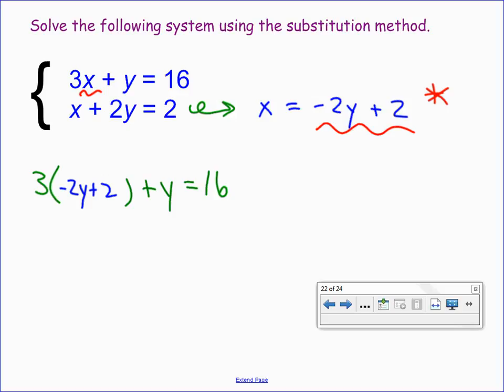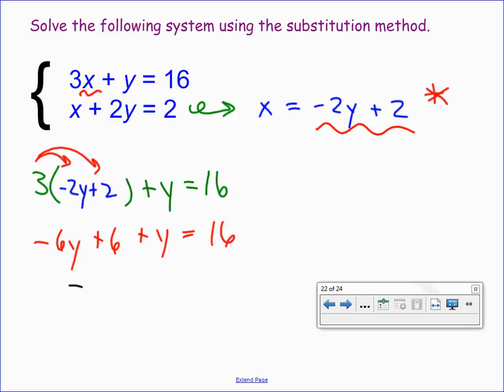Let's distribute. I get 3 times negative 2 equals negative 6y, plus 3 times 2 is plus 6, plus I still have the y chilling outside equals 16. Combine like terms. Same side, same operation. So we'll combine like terms.